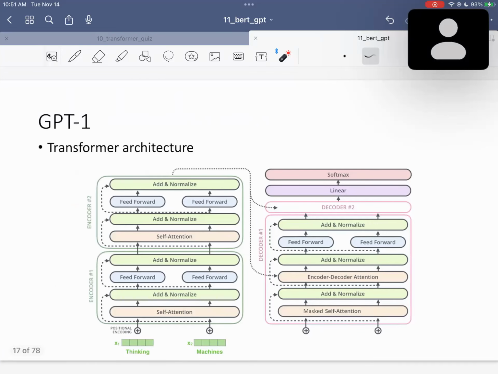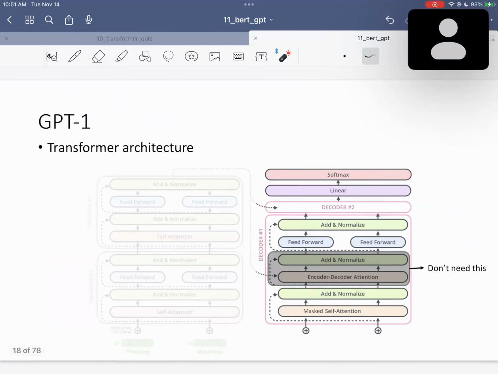So how it works is, if you're given this transformer architecture that you should be very familiar with, we throw everything away except for these 1, 2, 3, 4. So you don't even need these two components, because this one especially is there to plug in what came out of the encoder, right?